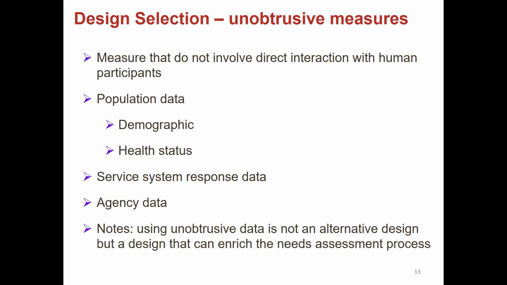So just keep in mind, using unobtrusive data is not an alternative design, but a design that can enrich the needs assessment process. So we could use a mixture of both ways in collecting the data, rather than one or the other.